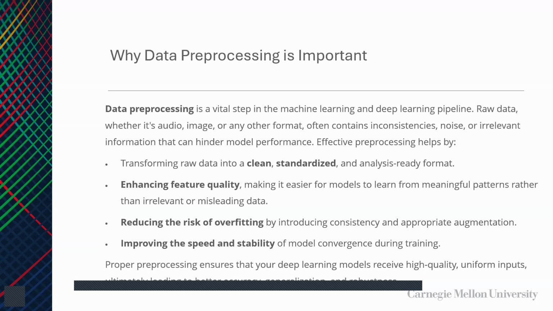It also enhances the feature quality, so the model only learns the important features that it needs to see. It also reduces the risk of overfitting and improves the speed and stability of the model. So we need it to ensure that our model receives only high quality and relevant features.